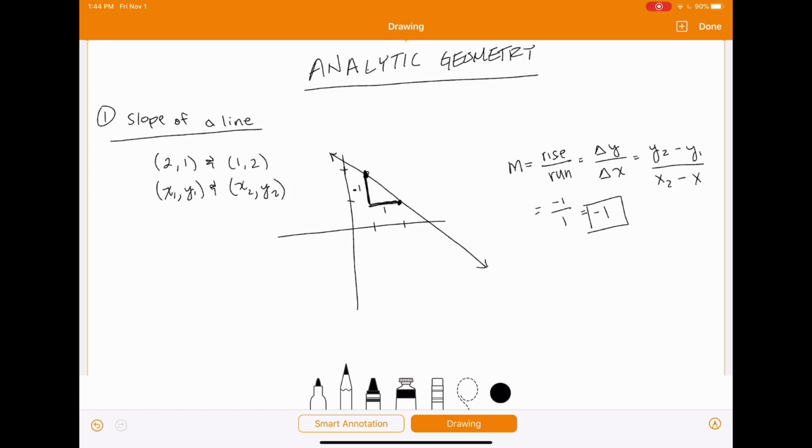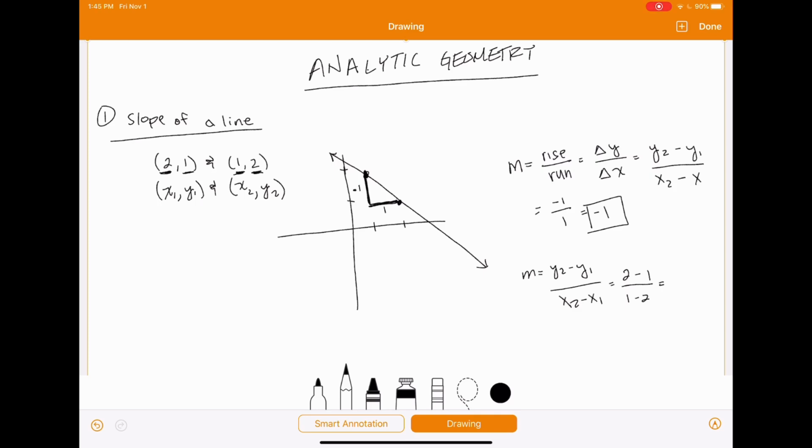But again, if you don't want to draw it all out, you can just plug your points into this equation here. So we can have m equals y2 minus y1 all over x2 minus x1, which is going to be equal to 2 minus 1, from right here, all over x2, which is this one here, 1, minus x1, which is 2.